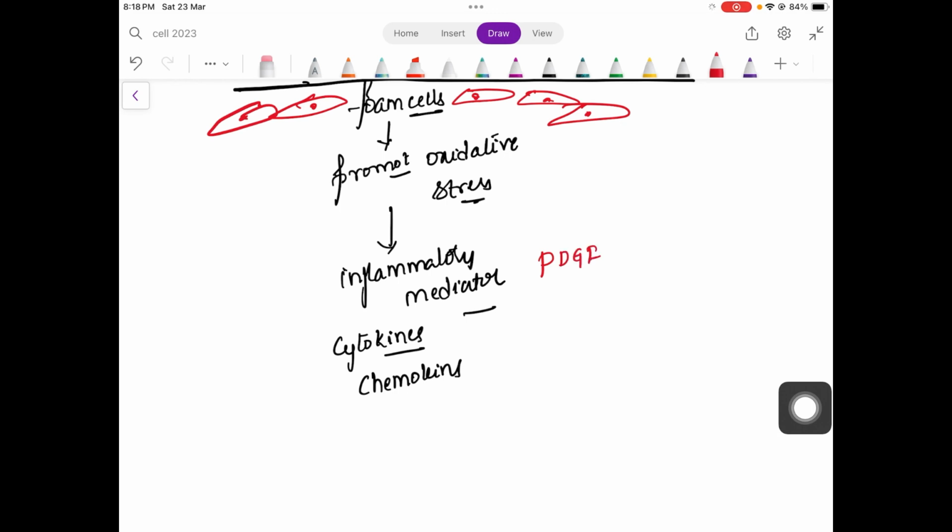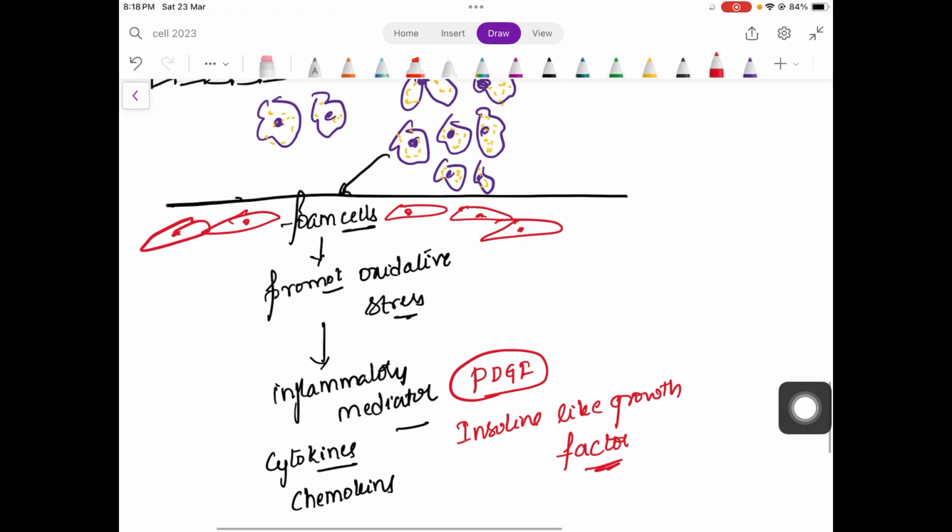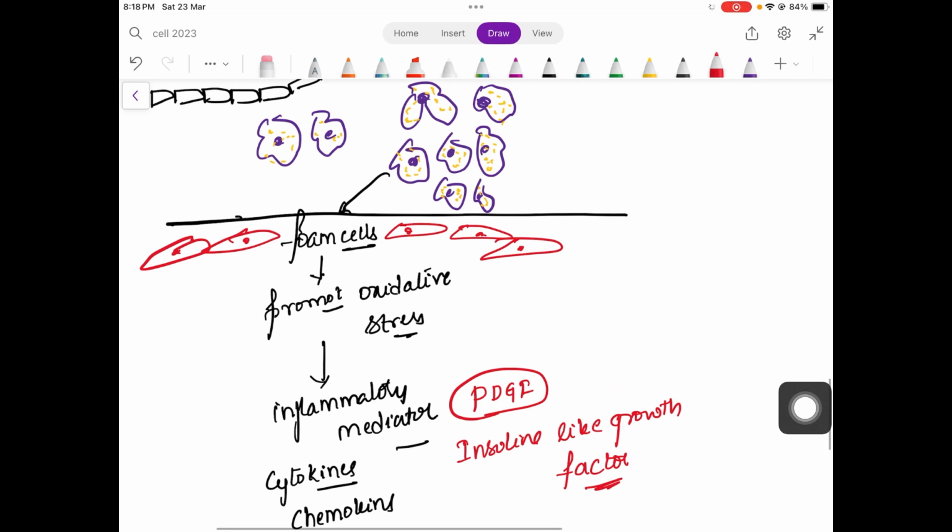platelet derived growth factor, PDGF, and insulin like growth factor, and these will cause migration of smooth muscle cells.